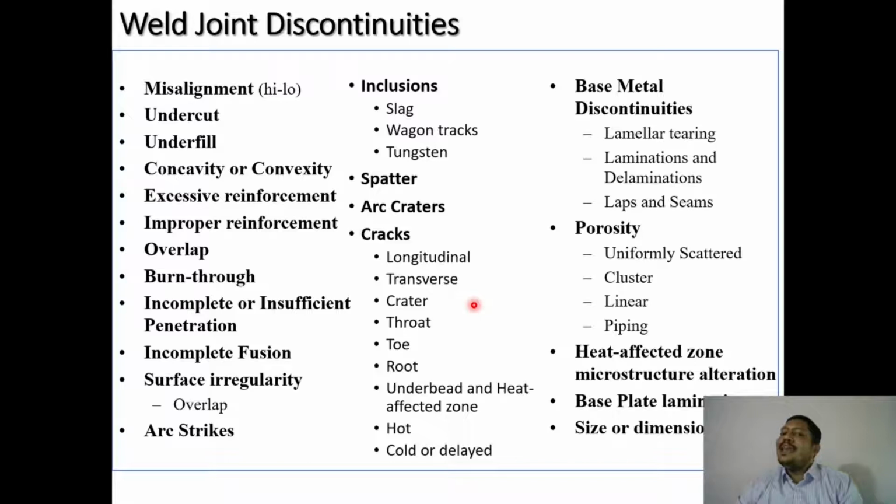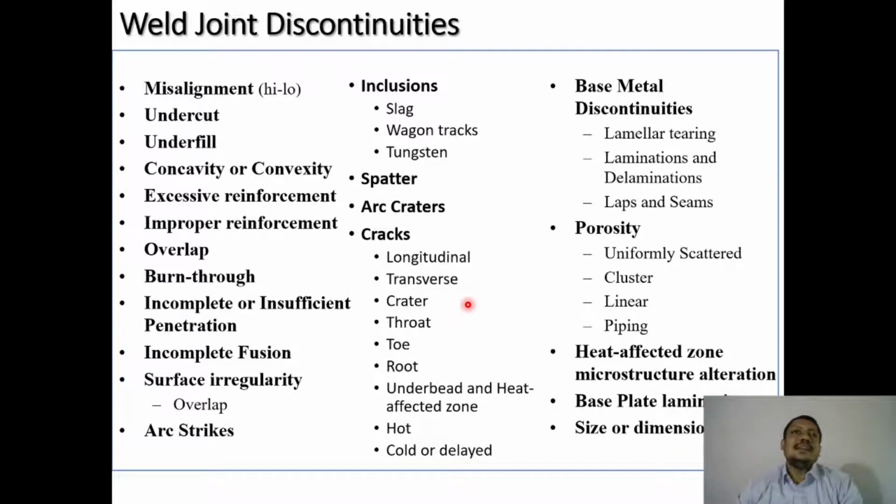We will have base metal discontinuities such as lamellar tearing, laminations and delaminations, laps and seams. We will have porosity, which can be uniformly scattered, cluster, linear, piping, and also heat affected zone microstructure alteration and base plate laminations, size or dimensions.